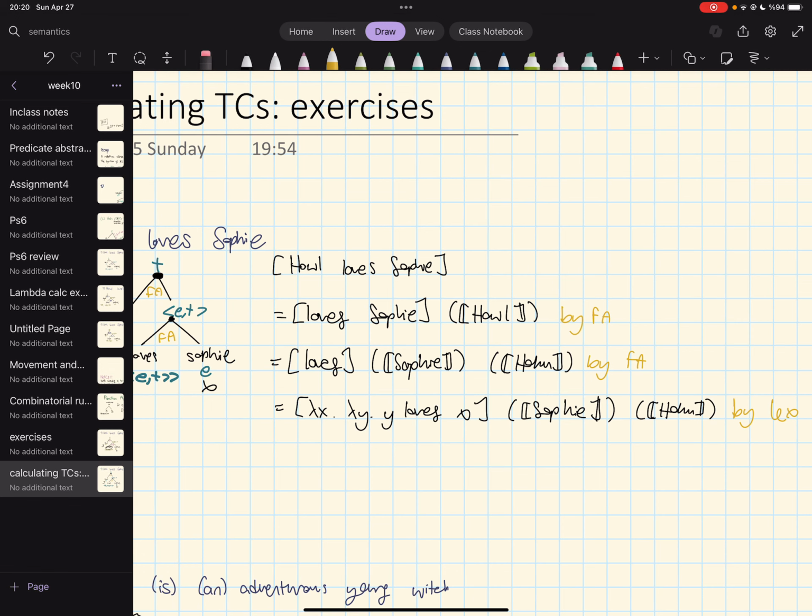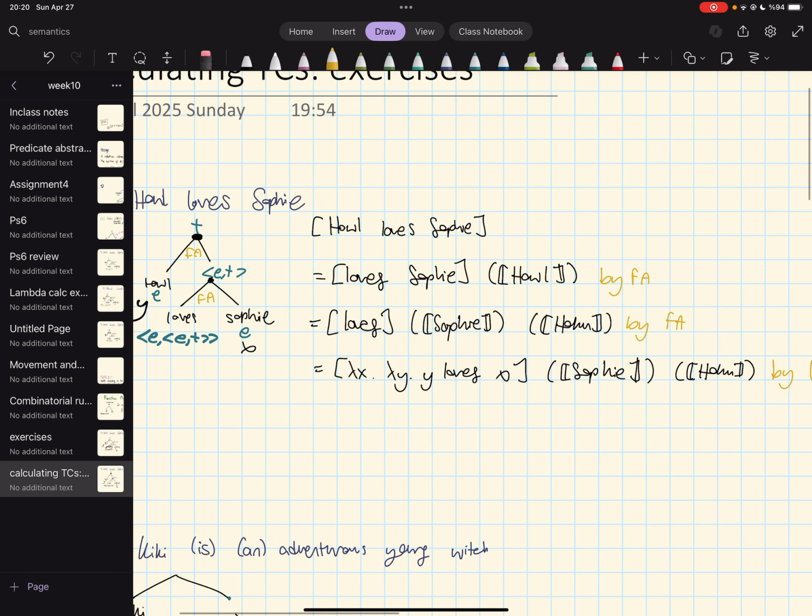Now, all we need to do is to eliminate lambdas. For lambda elimination, we take a look at our brackets, which is over here. And the first lambda that I come across in my brackets is lambda x. On the very right of my bracket, I have Sophie.